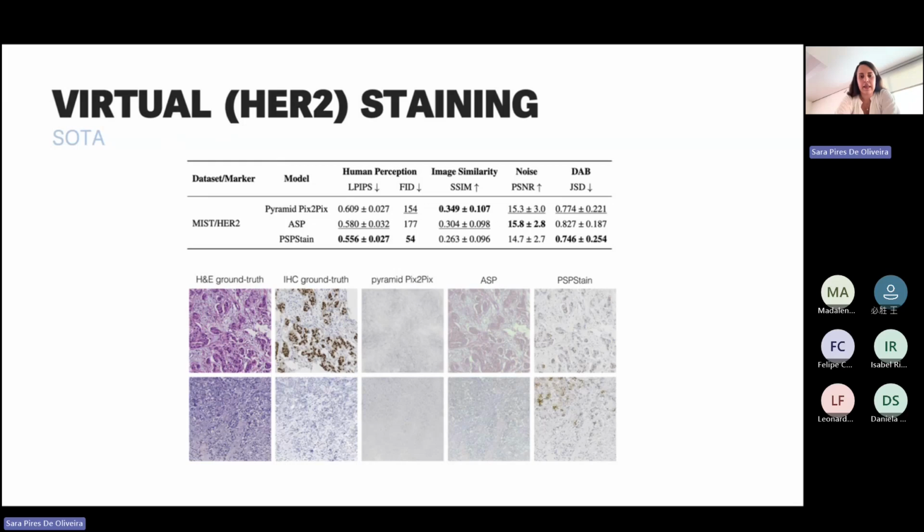Even though the other two perform a bit worse, or even the PSP stain, which is the one that looks better on the images, they have really worse SSIM or PSNR, even though performing better at image similarity. So basically, this is the first point that I would like to raise: there is a problem with the metrics and how to assess the quality of these models and the correspondence from the generated to the real images.